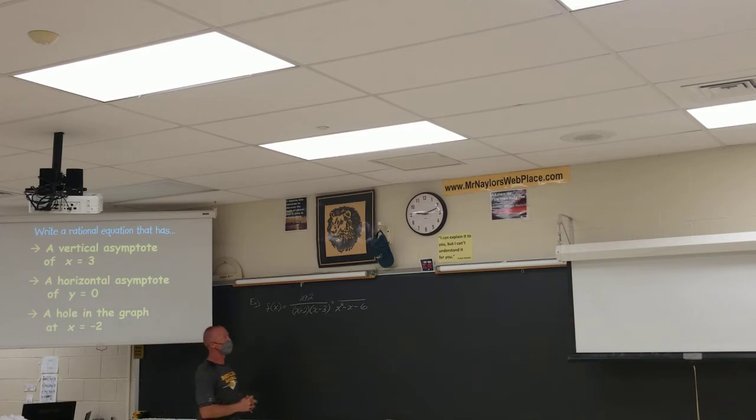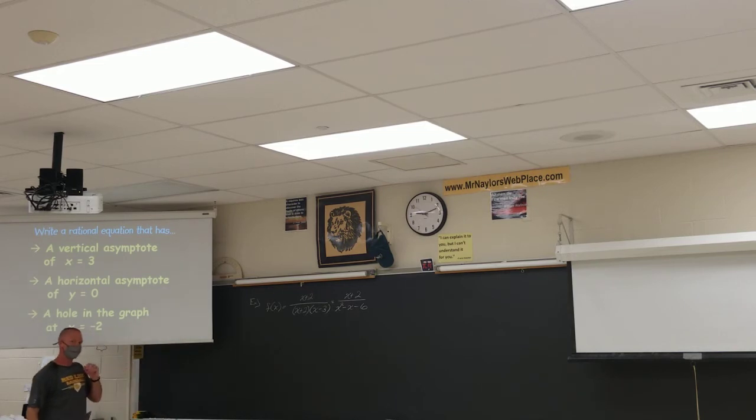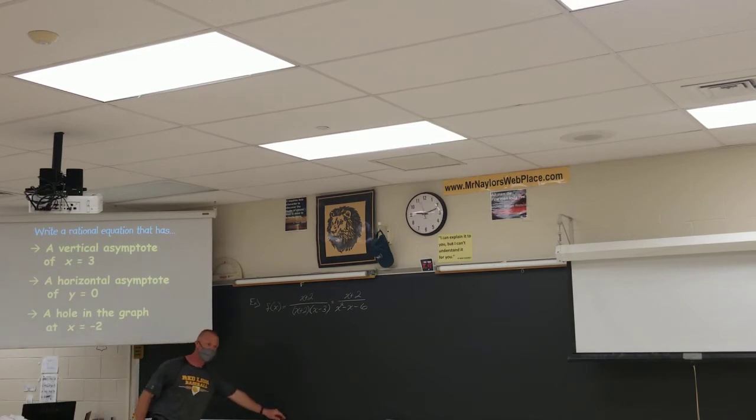What we do need to do, though, is think about this horizontal asymptote. The deal with the horizontal asymptote is it should always come last, because the horizontal asymptote has to do with the comparison of the numerator and denominator. If you compare the numerator with the denominator, it's actually easy to compare now. You can see that the degree of the numerator is 1, and the degree of the denominator is 2.